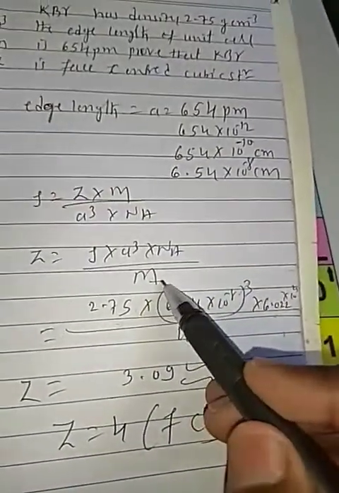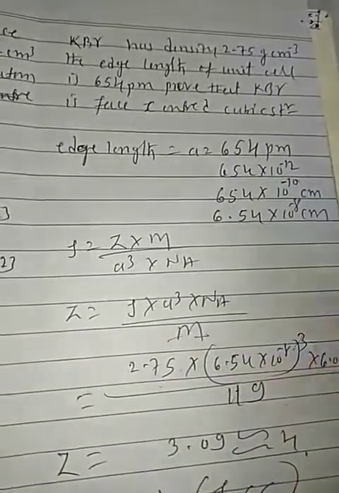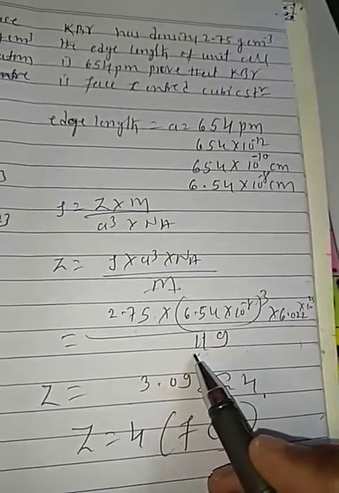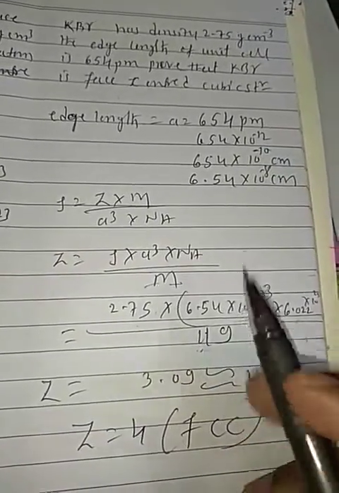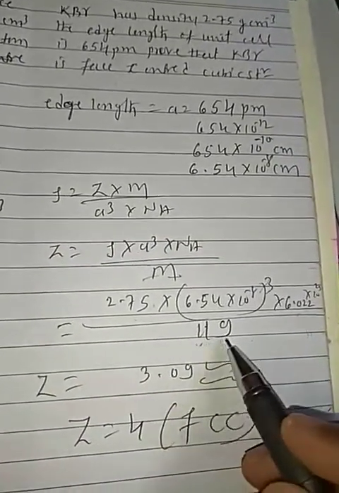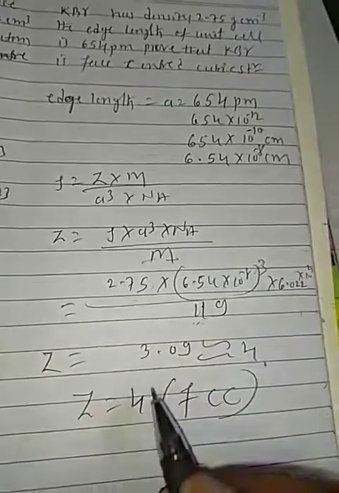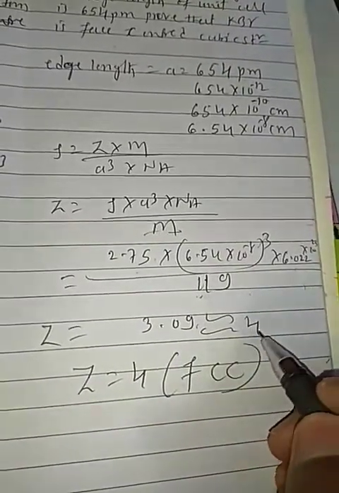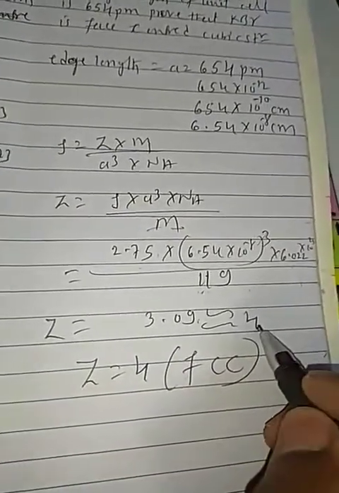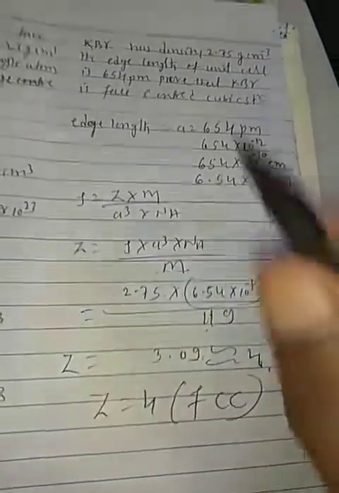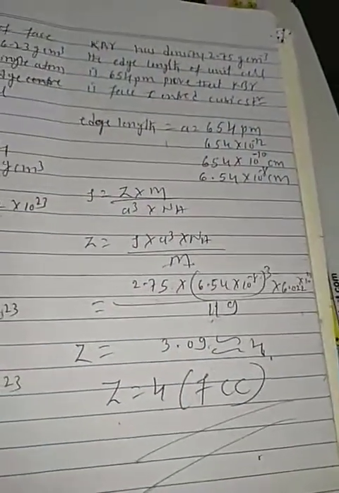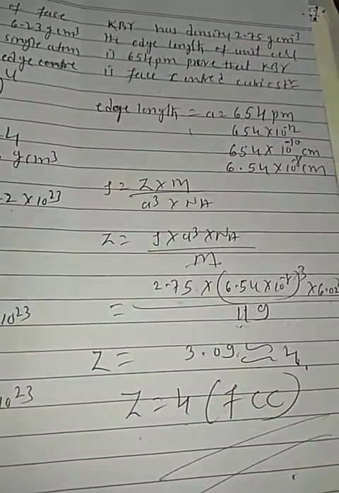Atomic mass of KBr I calculated here: potassium 40 and bromine 79, so 119 gram. So we got 3.09, which is approximately equal to 4. So 4 is the number of atoms present in the FCC. So Z equal to 4 means this is the FCC crystal unit. Right, students? I hope you understood.